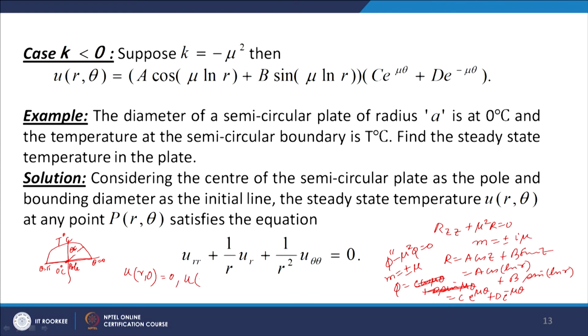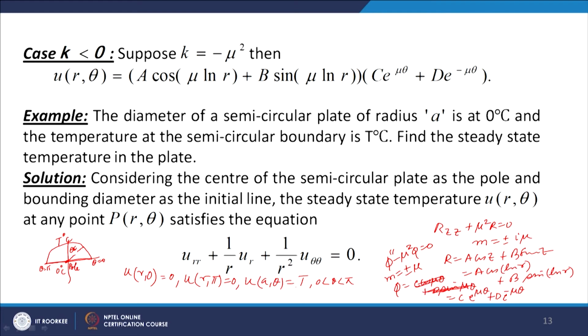Then when theta is equal to pi, we again have temperature 0. And then u(a, theta) equal to T, where theta is greater than 0 but less than pi. So, we have the boundary conditions u(r, 0) equal to 0, u(r, pi) equal to 0, u(a, theta) equal to T.